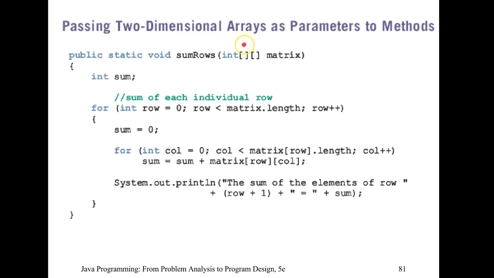Another processing, sending an array as a two-dimensional array, and let's see what we're doing here. We're calculating the sum of each row. We could easily calculate the sum of the entire array, but this one, they're setting it back to 0 as they start each row in the outer loop.